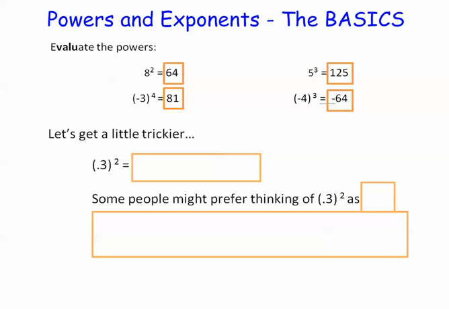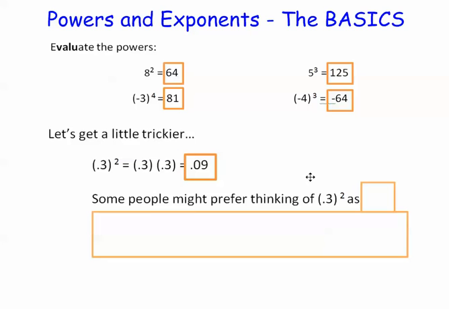Let's evaluate these powers. If 8 squared is 8 times 8, 64, and 5 cubed is 5 times 5 times 5, 125, I'm asking you to find the value of those powers. It gets trickier because 0.3 squared is really 0.3 times 0.3, which is 0.09.